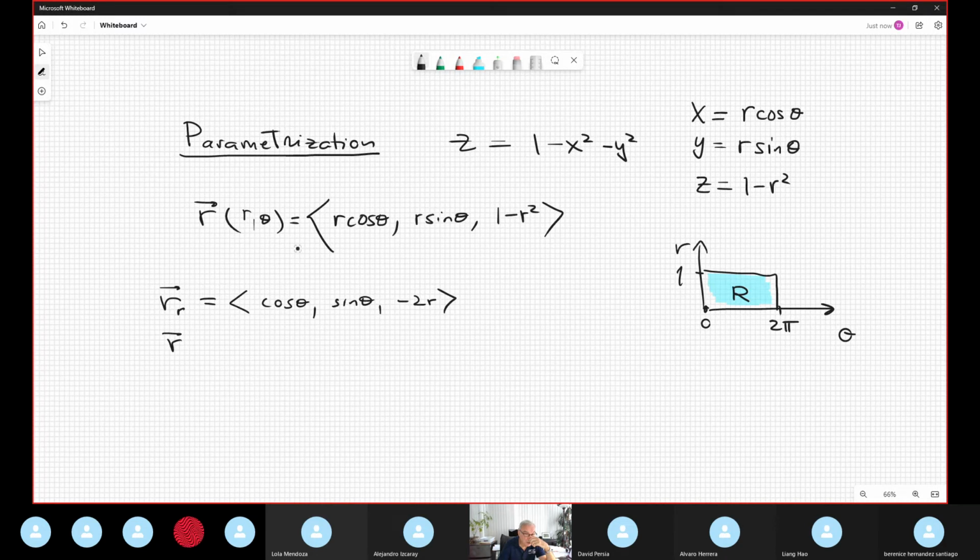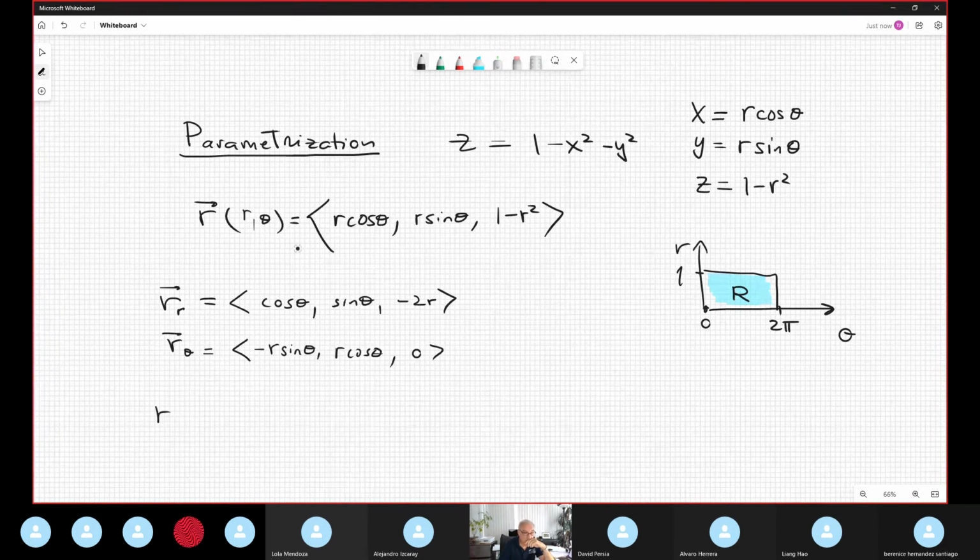And you differentiate with respect to theta. It is minus r sine theta, comma, r cosine theta. I am doing the derivative with respect to theta, and this does not depend on theta, so the derivative is 0.